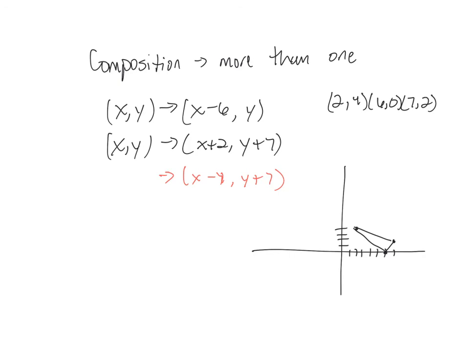Okay, and then I want to go -4 in the x direction, so left 4, and then I want to go up 7 for each of the points. So this first one to the left 4, go there, and then up 1, 2, 3, 4, 5, 6, 7.